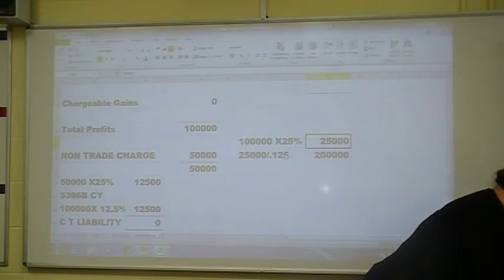Then 25,000 divided by our 0.125 would mean we needed 200,000, since 12.5% is half of 25%. Okay, so as if that didn't exist.